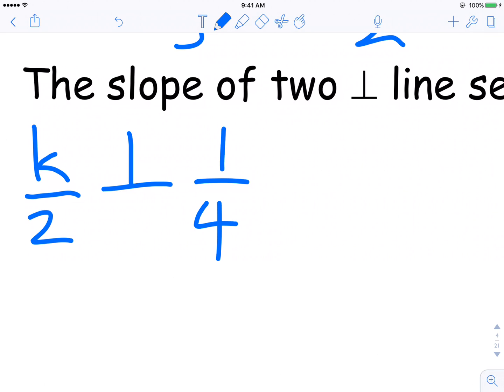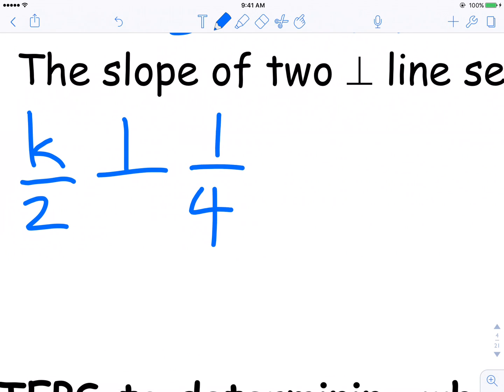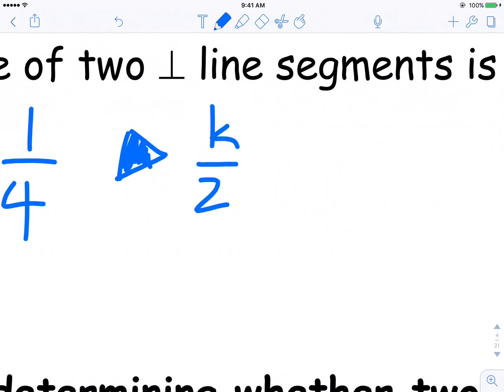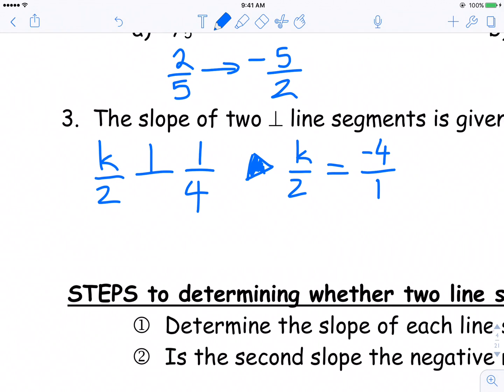Well, we can't do anything with these if they're perpendicular, but I can make them equal by simply flipping. If I flip and change the sign of the second slope, they're now equal, because now I've made them parallel.